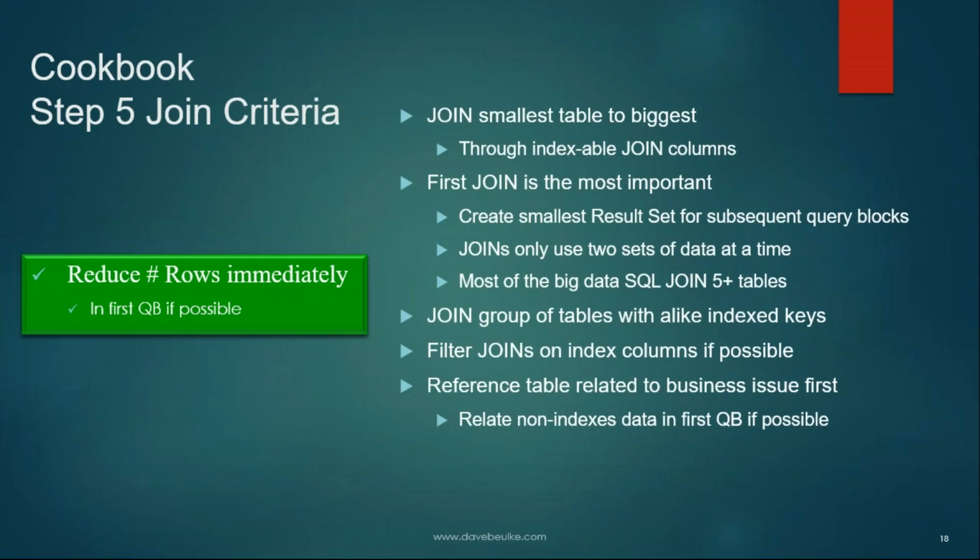Reduce the rows immediately. Join the smallest to the biggest table that you've got, because in my environment I have a 12 billion row table that gets joined to a just slightly under 1 billion row table consistently. So I try to join those two tables as much as possible and let the smallest table drive the business criteria in the first join.